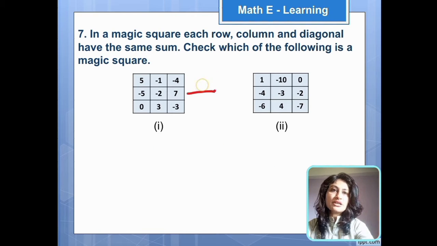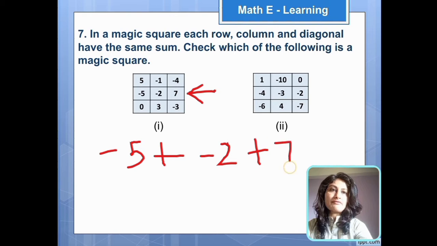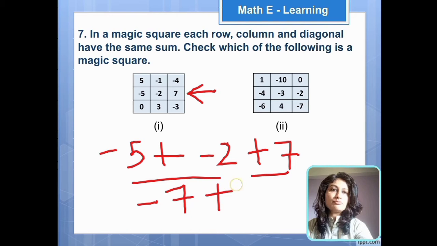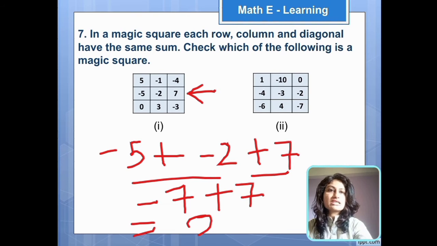Now we check for the second row. It is minus 5 plus minus 2 plus 7. Again minus minus plus and it becomes minus 7, and then we write plus 7 as it is. 7 minus 7 is equal to 0.